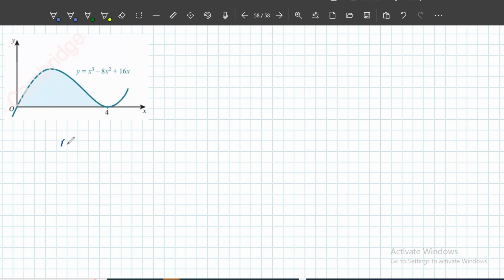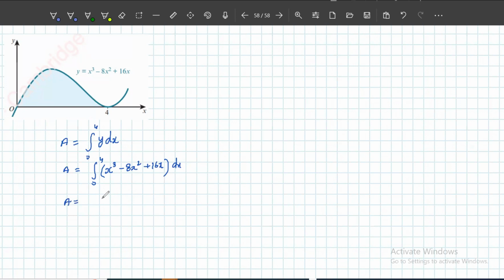So we can say that A equals the integral from 0 to 4 of y dx, and in this case A equals the integral from 0 to 4 of the function, which is x cube minus 8x squared plus 16x, dx. So we will apply the integration.